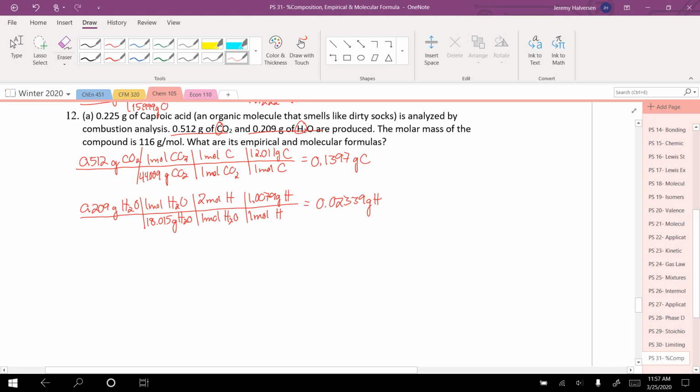I started with 0.225, so if I take 0.225, subtract my 0.1397, and subtract my 0.02339, I get that many grams of oxygen. Now I have my grams of each thing. I can convert to moles.